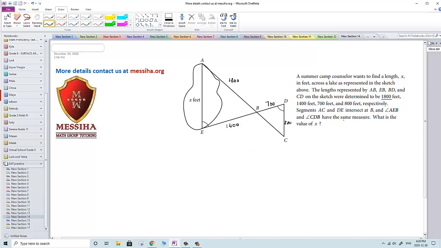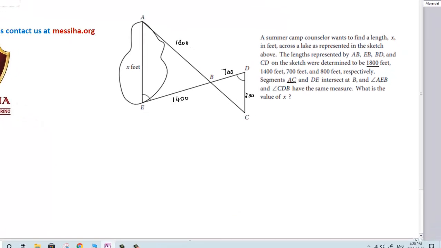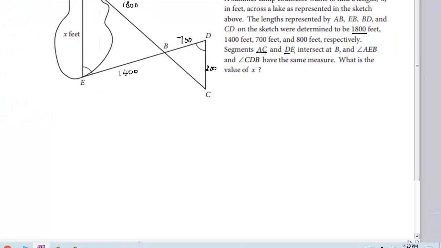Now, segments AC and GE intersect at B, perfect. Angle AEB, this angle, and angle CGB, this angle, have the same measure.